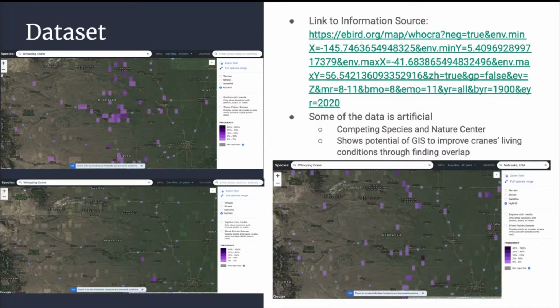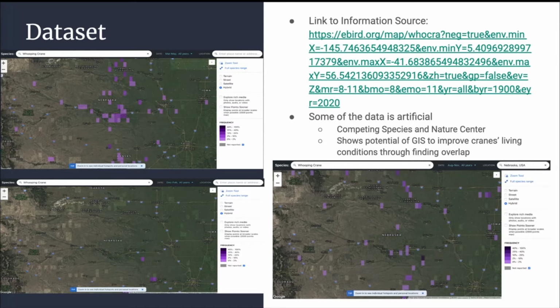We obtained our data for the whooping cranes from ebird.org. This website contains the spottings of migratory whooping cranes within the US, tracking back to the 1900s.